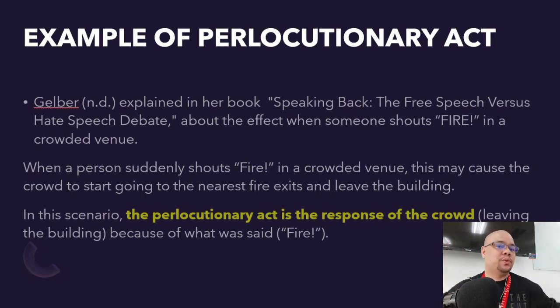That's why we don't utter that word in crowded places. When a person suddenly shouts fire in a crowded venue, this may cause the entire crowd to panic and go to the nearest fire exits. The act of leaving the venue and heading for the exits is what we call perlocution. It is their reaction to what was said.